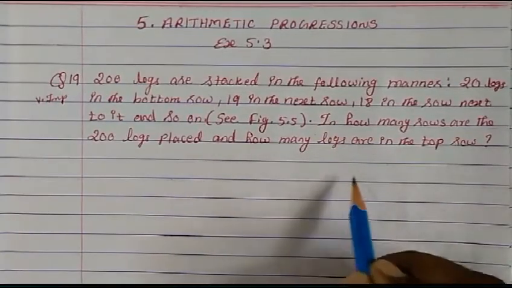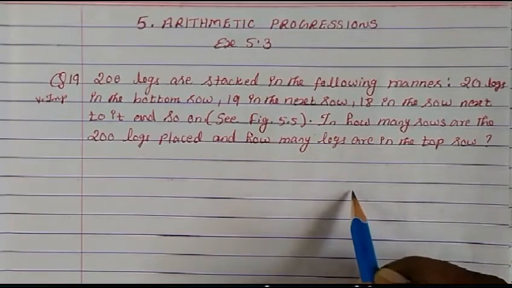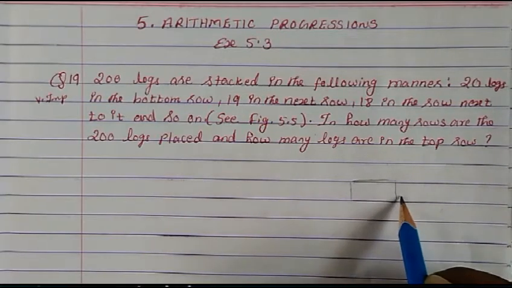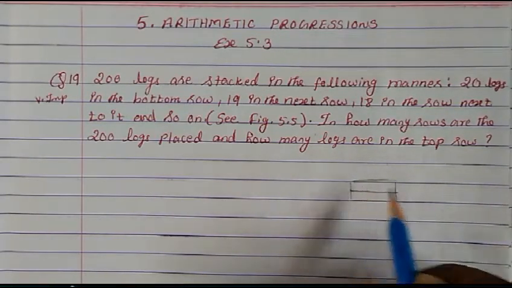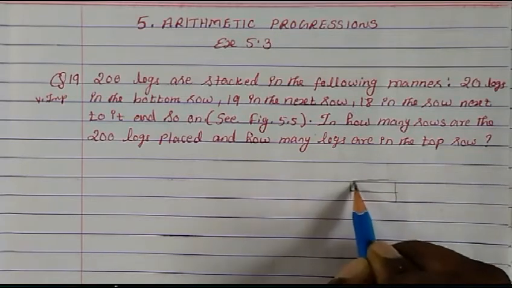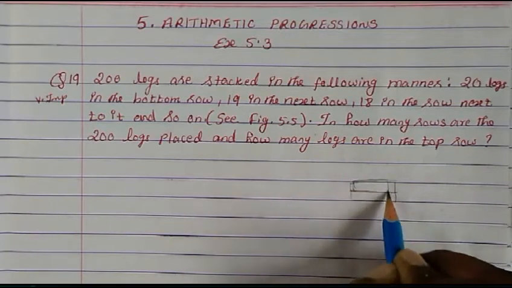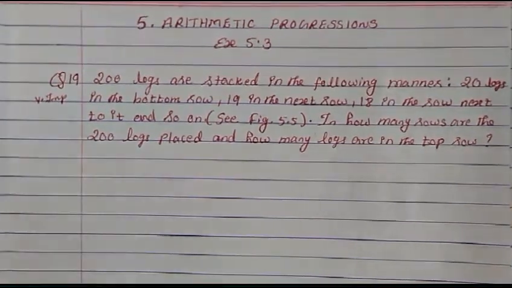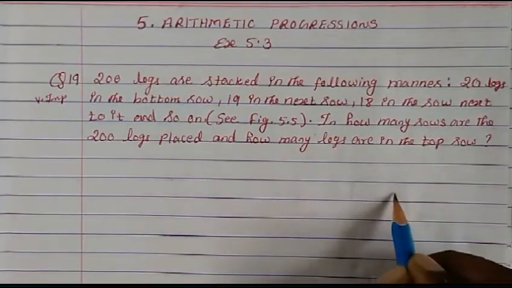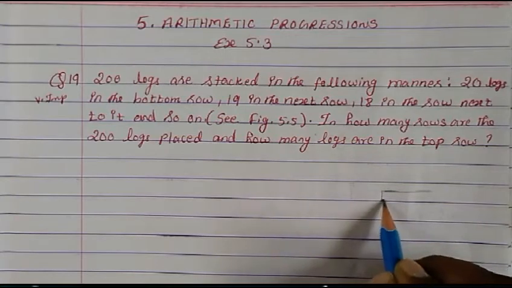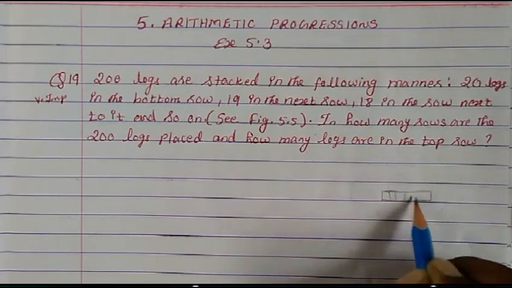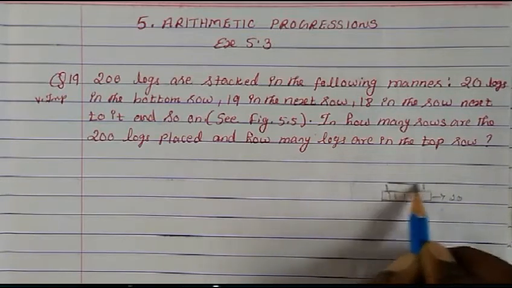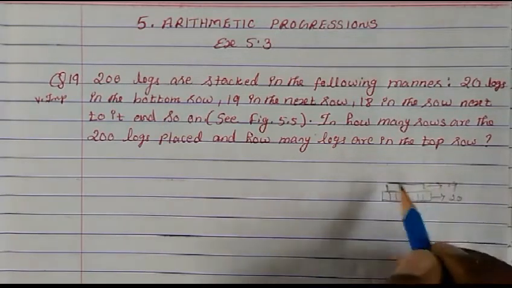So we have a row here, for example, the bigger one and then the smaller one. Here we have a row of logs. How many? Here 20. Then next, 19 logs.